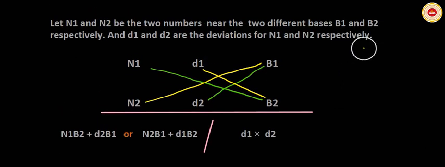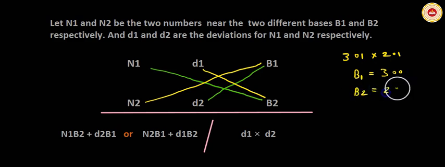For example, if the two given numbers are 301 multiplied by 201, these two numbers have different bases. b1 is 300, b2 is 200. 300 is the base for 301 and 200 is the base for 201.